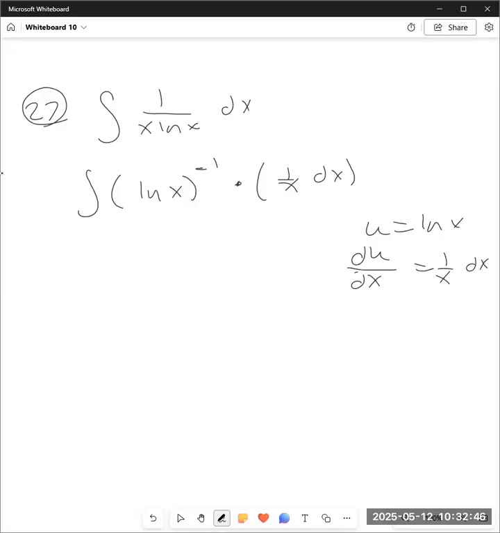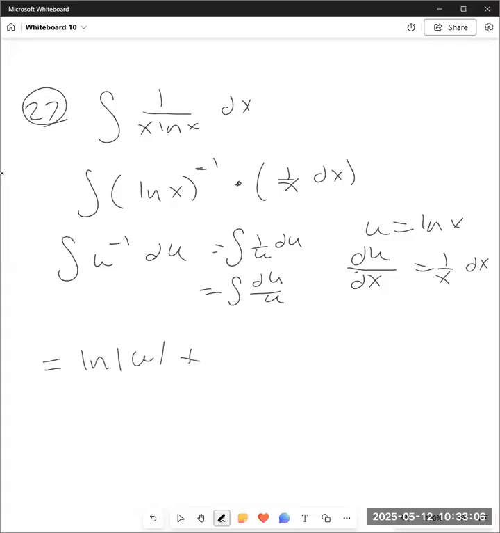So this turns into u to the negative first du, or that's 1 over u du, or du over u, however you want to write that, it's the same thing. So that's going to be equal to ln of the absolute value of u plus c. That's going to be ln of the absolute value of ln of x plus c. Ln of x can take on negative values, so it needs to be in absolute value bars.